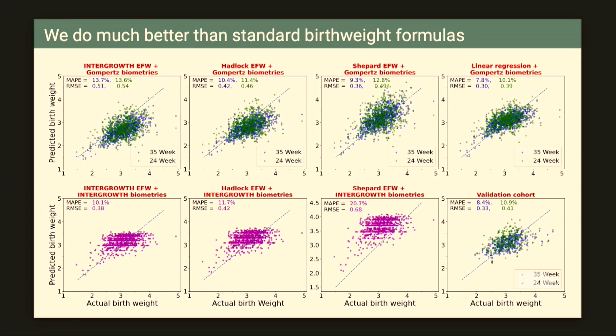So it looks like our regression formula combined with our prediction of the final biometries is giving an error of less than 8%.